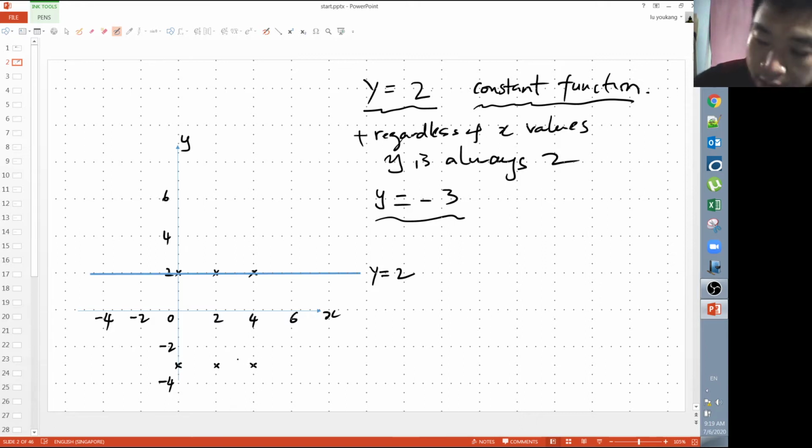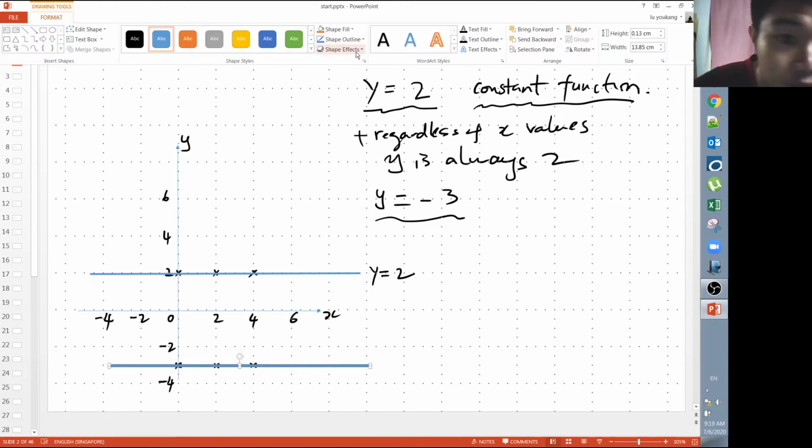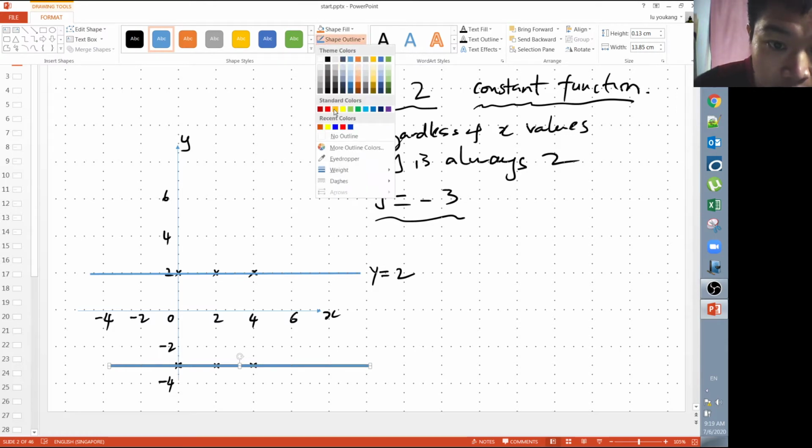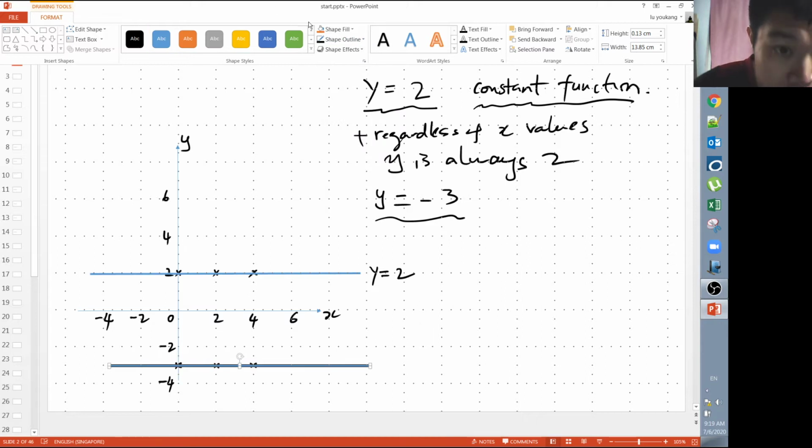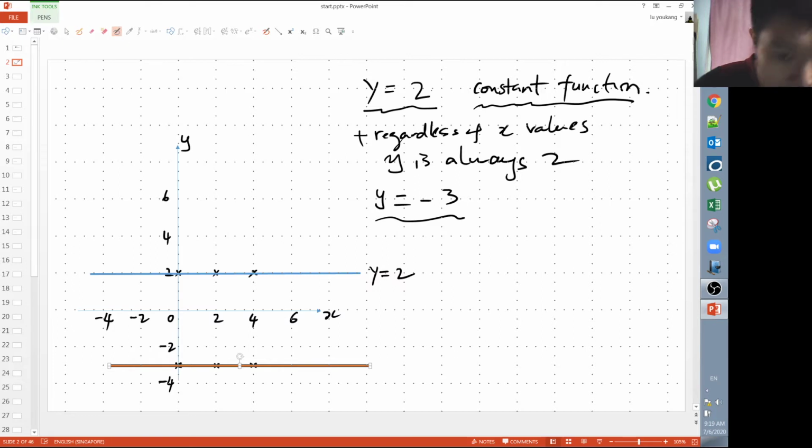So with these 3 points, you can actually sketch. Alright, so we change the color to differentiate this from the above. Okay, so this is your y is equal to negative 3.